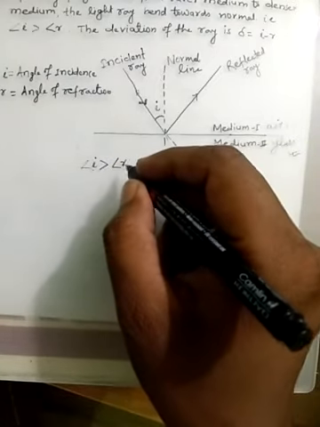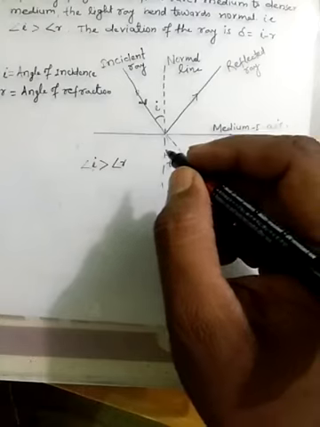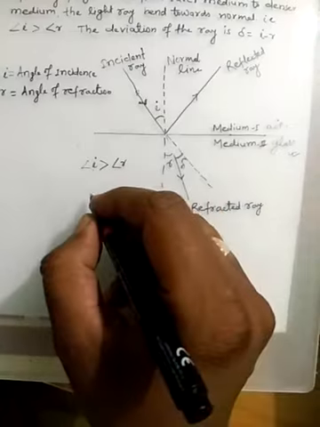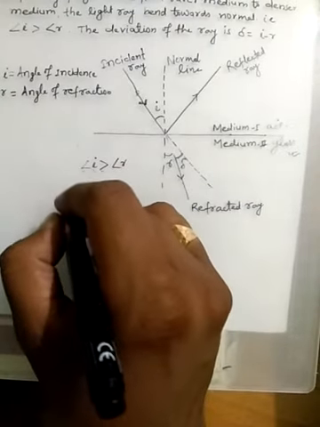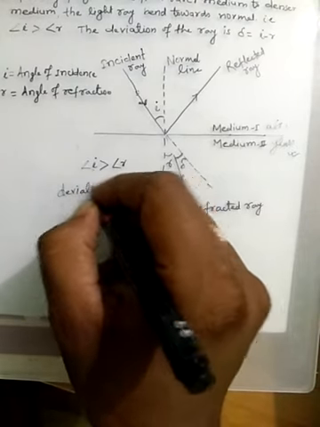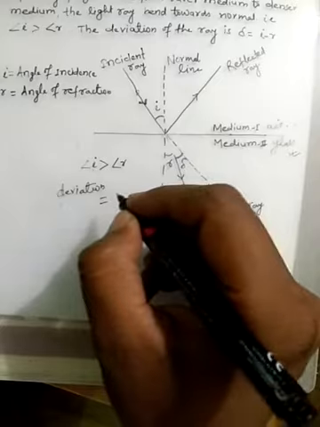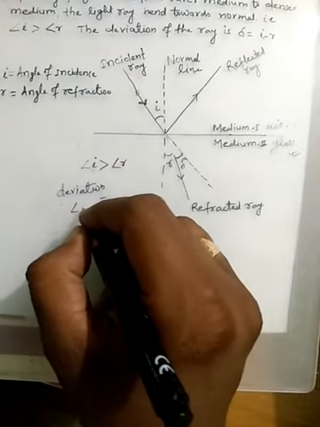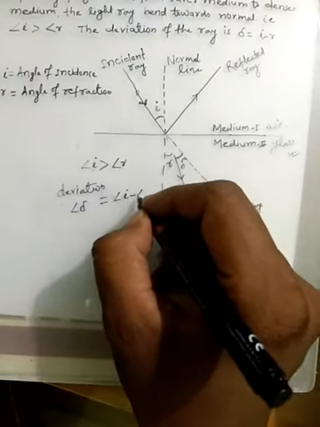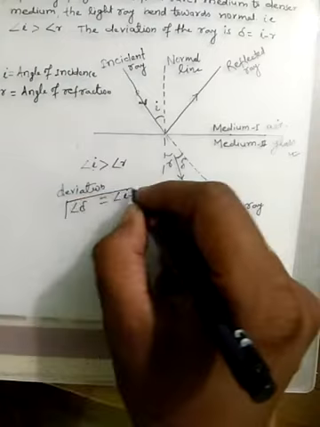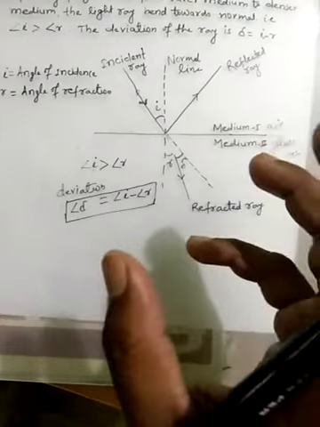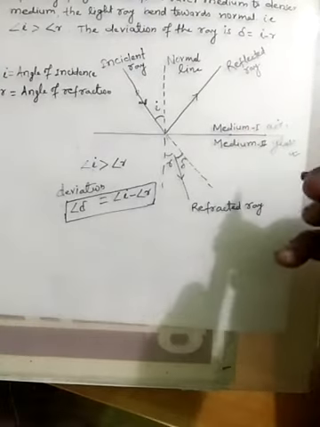That is, the angle of incidence is more than the angle of refraction, and the deviation delta will be equal to angle i minus angle r. This is the deviation when light rays pass from a rarer medium to a denser medium.